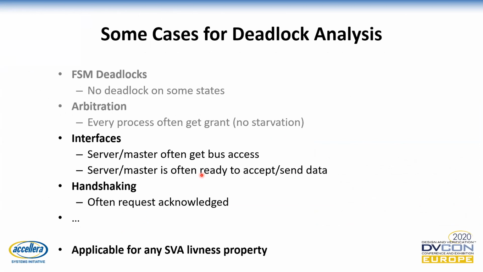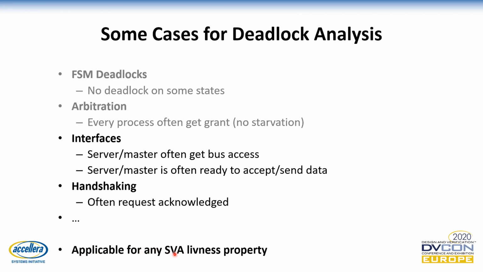All right, so some other cases that we see our customers targeting are interfaces. You have to make sure that the different components in the interface can access, read, and send data. Other applications are handshaking, but I can say in general, this approach is applicable for any SVA liveness property.